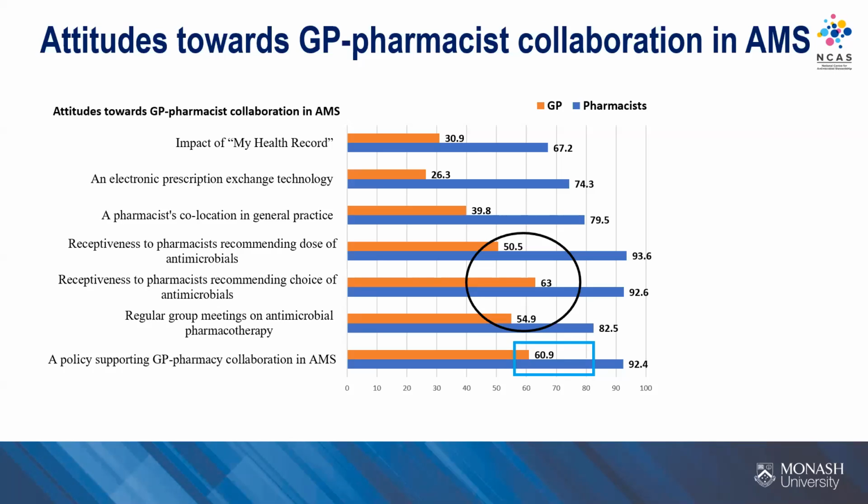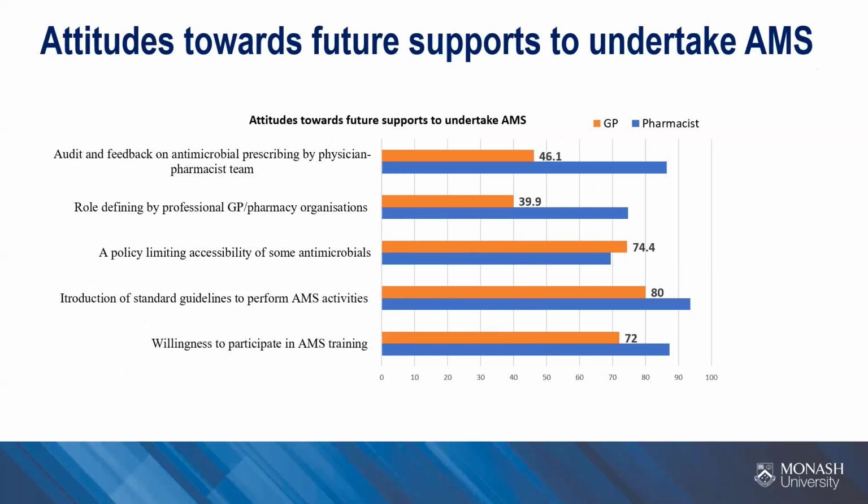So let's see what kind of support they want in future to promote AMS, from the GP and pharmacy perspective. Most participants are willing to receive standard guidelines and training for doing AMS activities and to be updated on the current practice guidelines for antimicrobial use. The majority agreed that professional organizations should define their roles and responsibilities regarding AMS activities, including an interprofessional checklist and functions during routine practice.